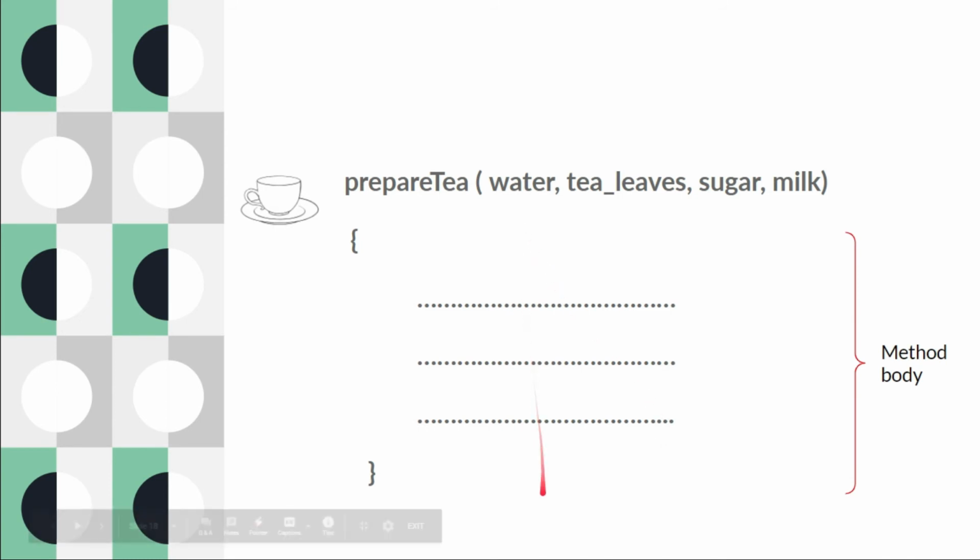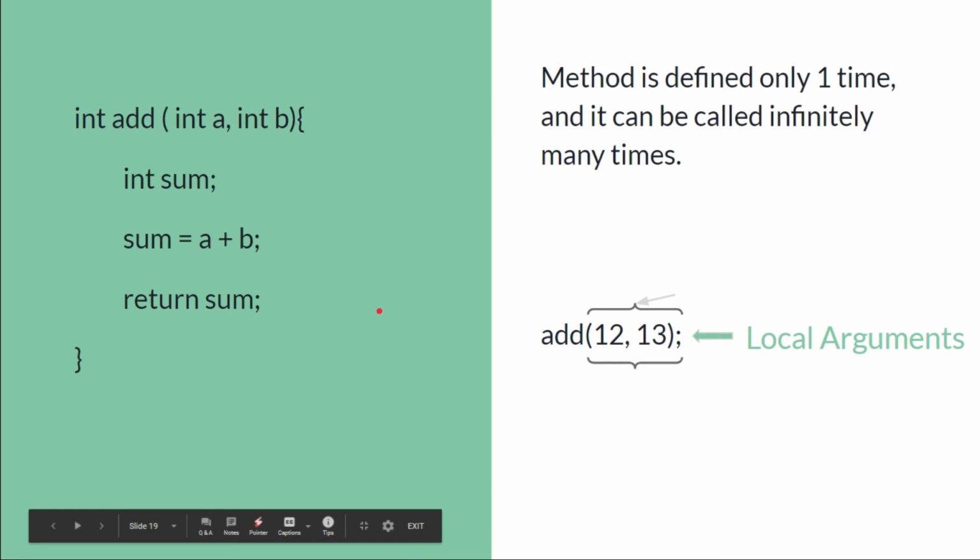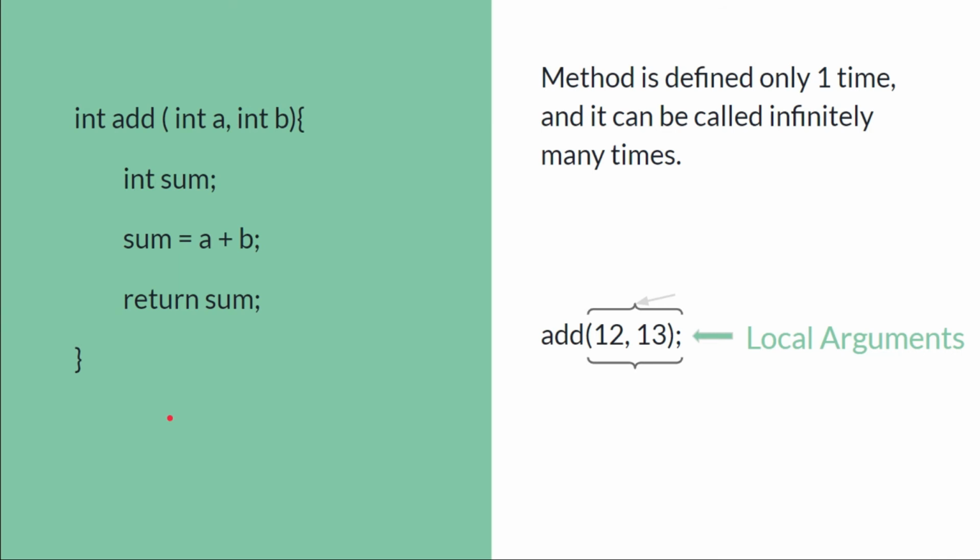The syntax of a method is very important, and if we don't write it properly, then the compiler will give us a syntax error. Here is another example of a method. This is a method of adding two integer numbers. After adding two integers, we will get an int value only.